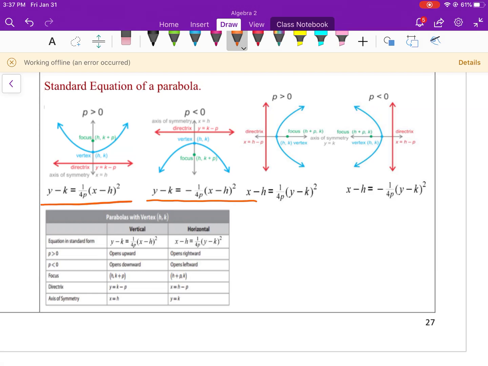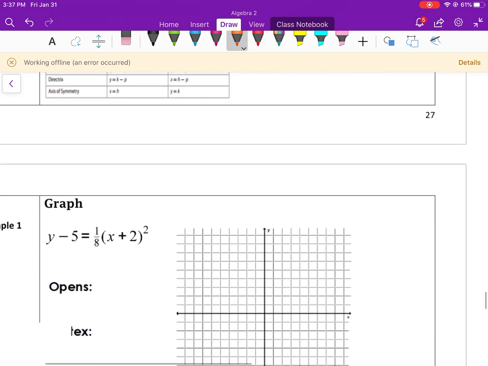If it's x equals and it's positive, then it opens right. And notice that the h still stays with the x and the k stays with the y. And if it is negative and x equals, then it opens to the left. So right and left there.